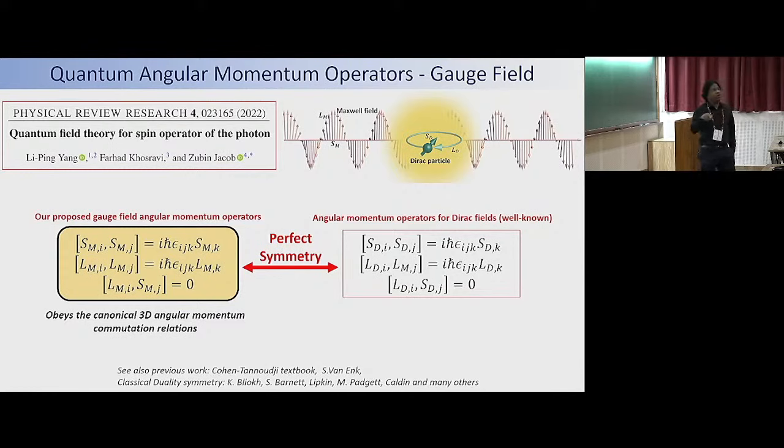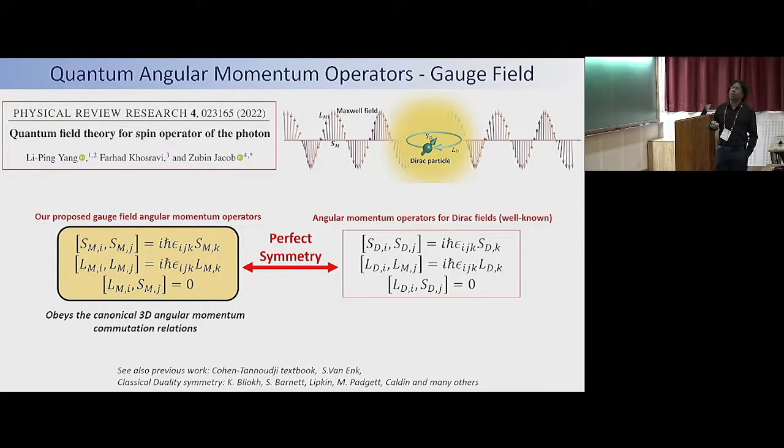Now, what is very interesting is that if you ask about the spin and orbital angular momentum of the gauge field and try to get answers through QED theory, we noticed that you get interesting expressions for the spin and orbital angular momentum. I have printed it out and I'll show it to you on the next slide.